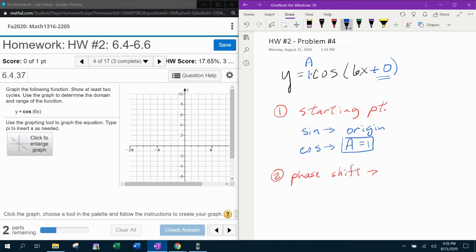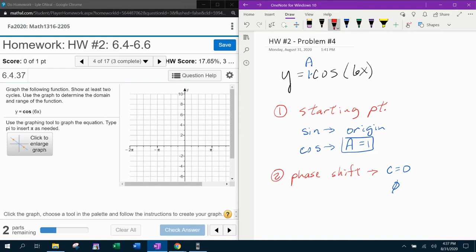It's just 6x. It's not like 6x plus pi or 6x plus 2. There's no number there. That number, if it existed, would be the value of C. But for our problem, our value of C is 0 because there was no number there. And that means that we're going to have no phase shift. Okay, so if there's no C, there's no phase shift.